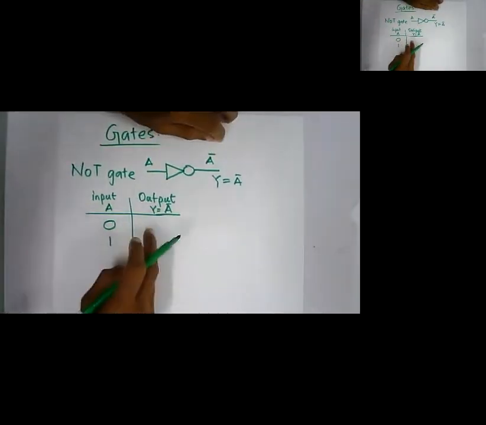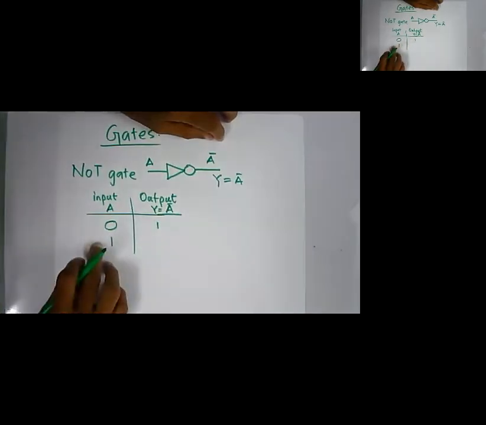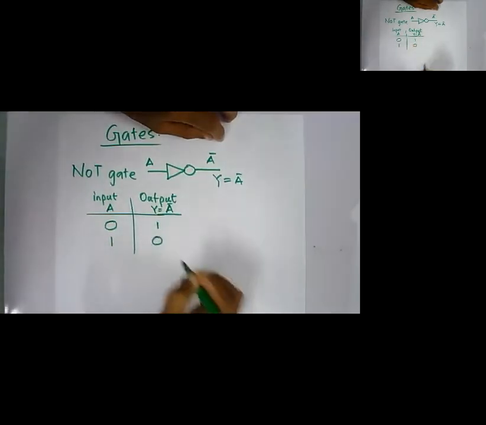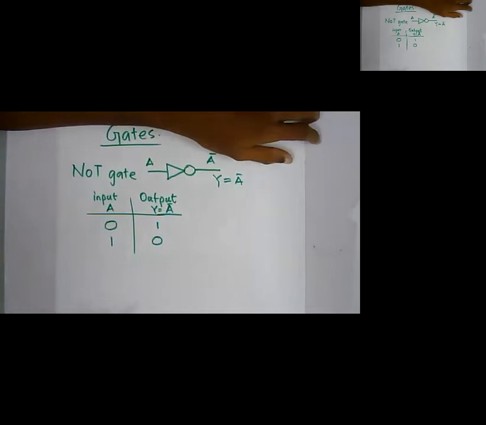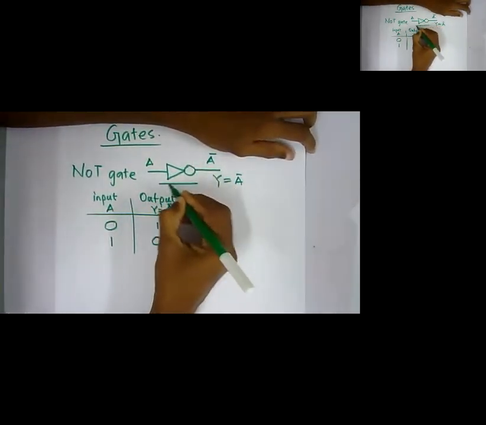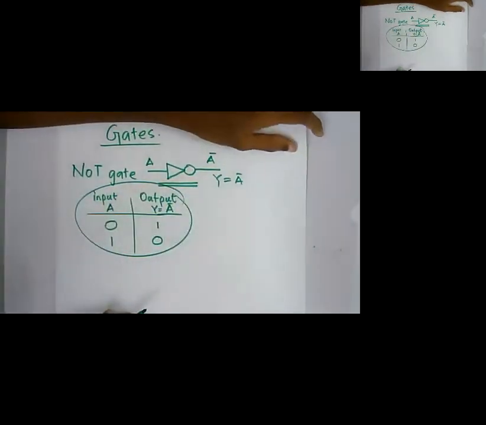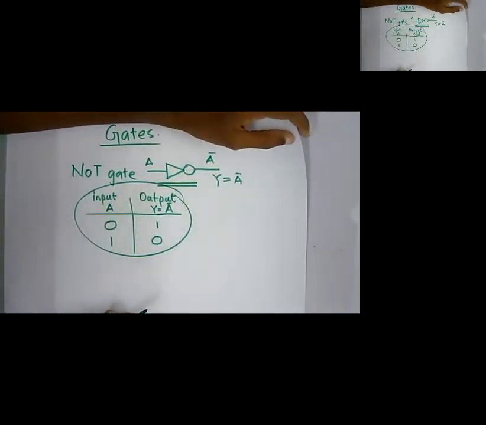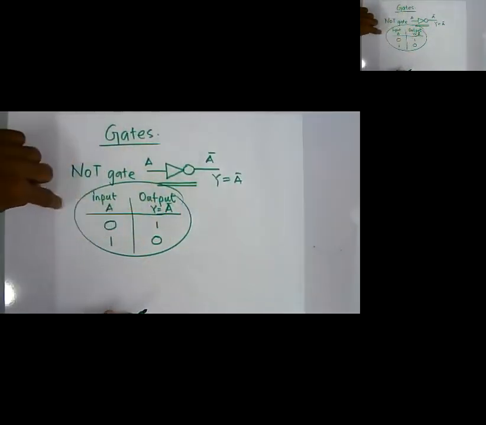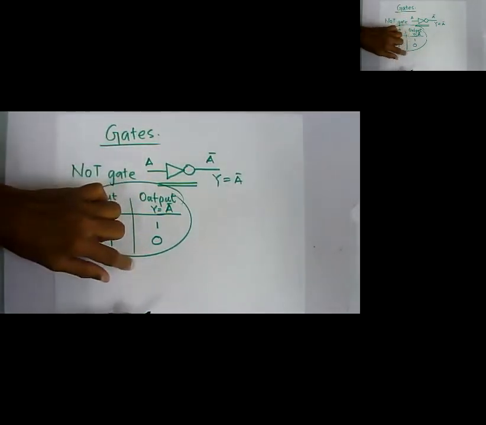If A is 0, A bar becomes 1. If A is 1, A bar becomes 0. So this is the circuit symbol of the NOT gate, and this is its truth table. The truth table consists of all the possible inputs and outputs.